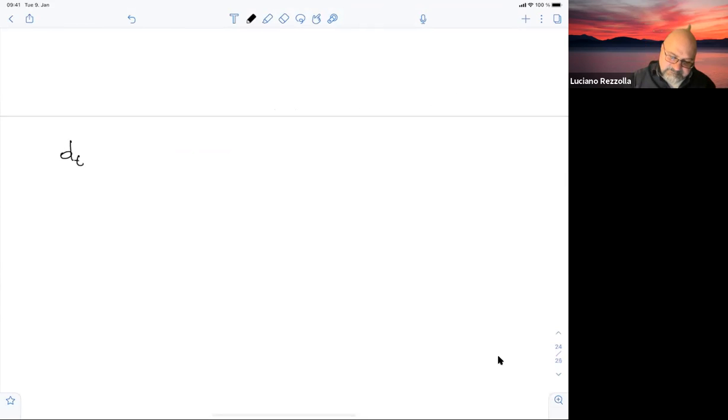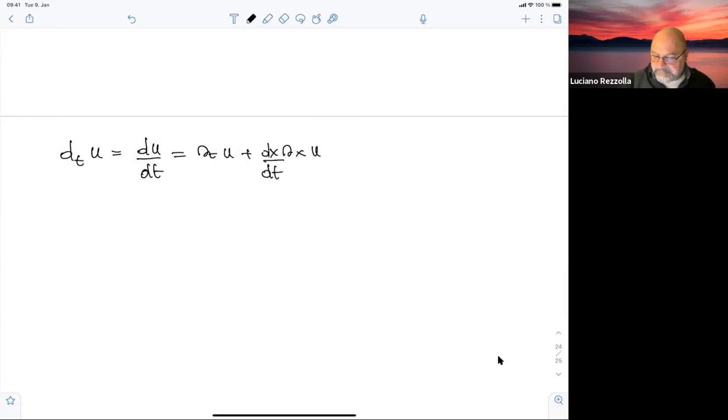So we can see this in a different way. Let's take the total time derivative of u. So this would be du dt, and this would be dtu plus, sorry, dx over dt dxu.